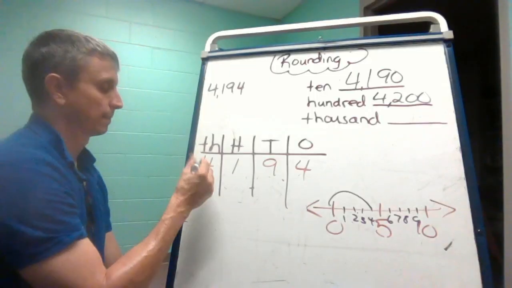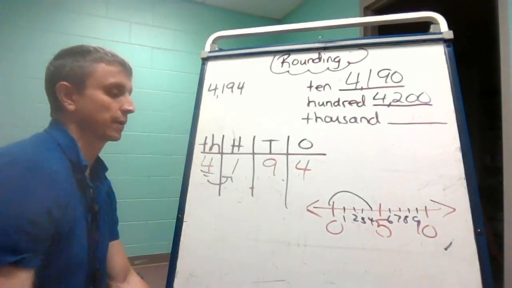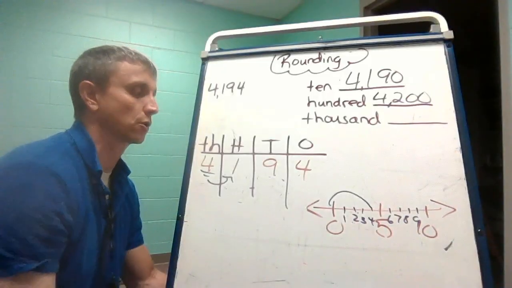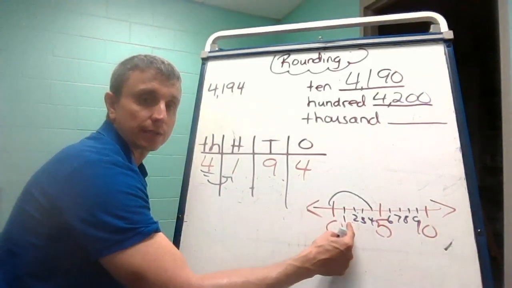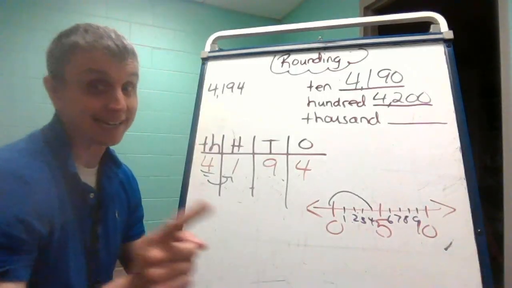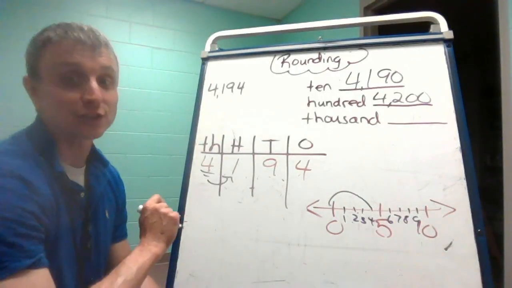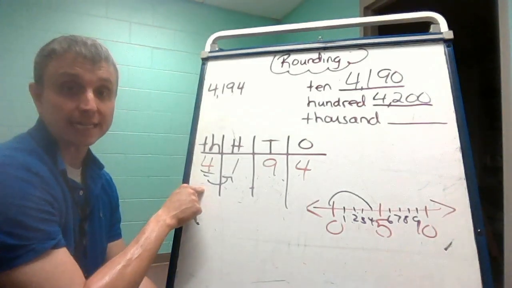This time, we're going to the thousands place. We're still going to look next door, and we're going to make our decision based on how close our number here is to 0 or 10. As you can see, the 1 is right there, and it is definitely closer to 0. That does not mean I change it to 0. That just means I do nothing to it. So it stays 4.